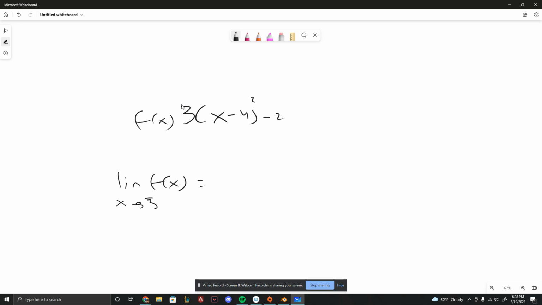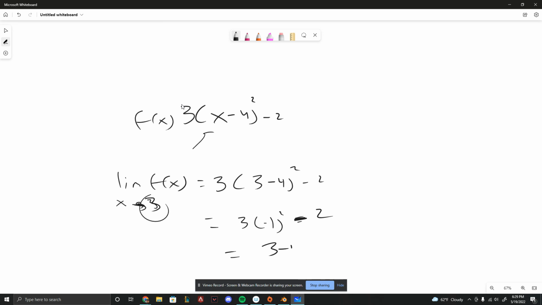We are essentially just going to plug in this value of 3 where x is. So it'll be 3 times 3 minus 4 squared minus 2, which is equal to 3 times negative 1 squared minus 2, which is equal to 3 minus 2, or 1.